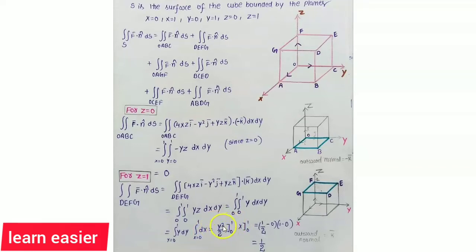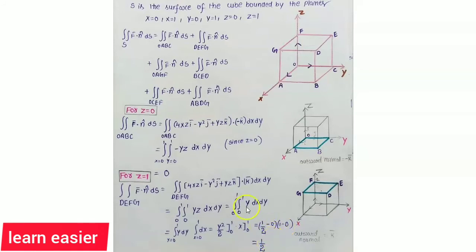So here is 1 square by 2, which is 1 by 2, minus 0 square by 2, which is 0. And then let's substitute the limits in x. So 1 minus 0 here, and then 1 by 2 minus 0 is 1 by 2, and 1 minus 0 is 1. So 1 by 2 into 1 is 1 by 2.